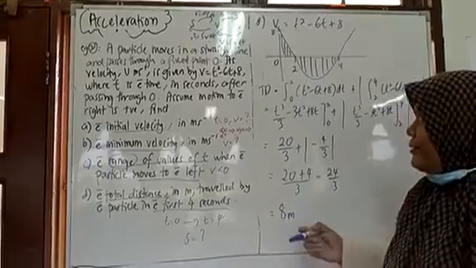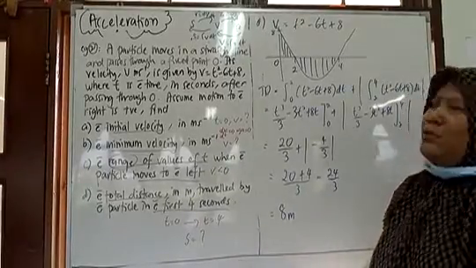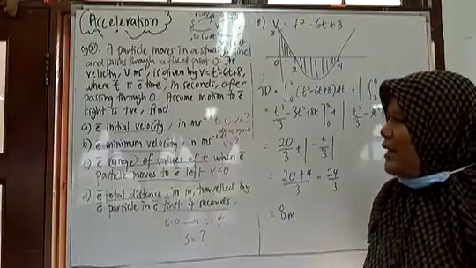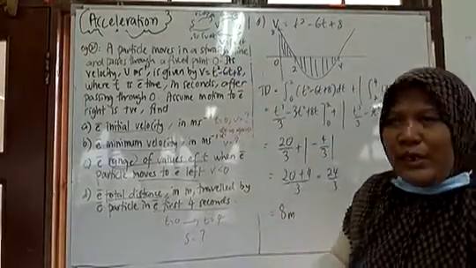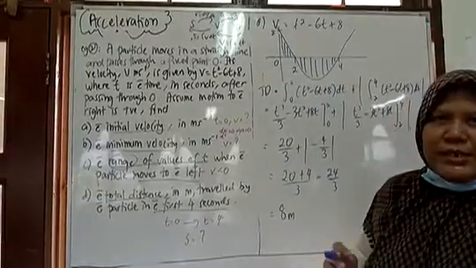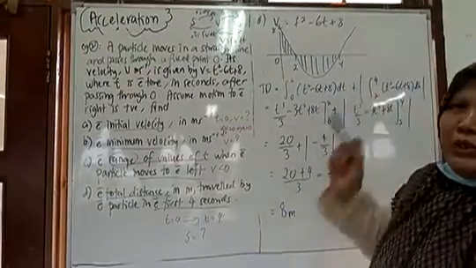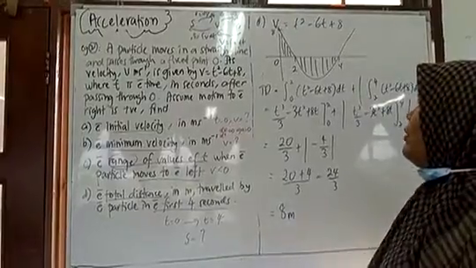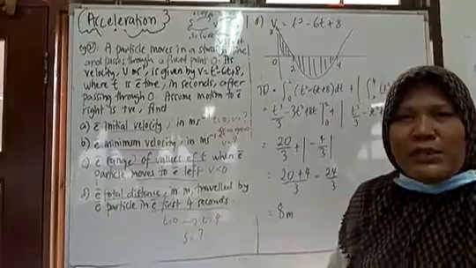Again, I remind you, when we talk about total distance, especially if the velocity function involves a quadratic, sketch the quadratic graph. It is helpful for you to determine whether we are going to integrate together or separately.